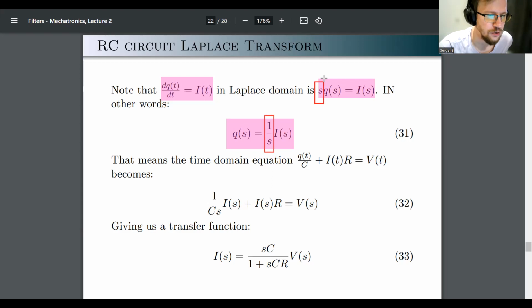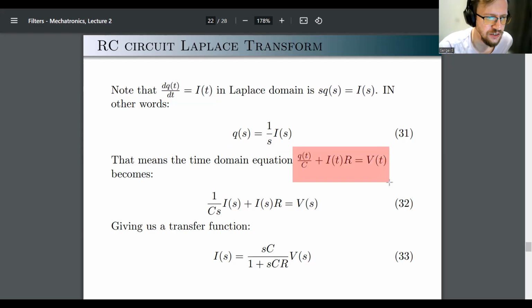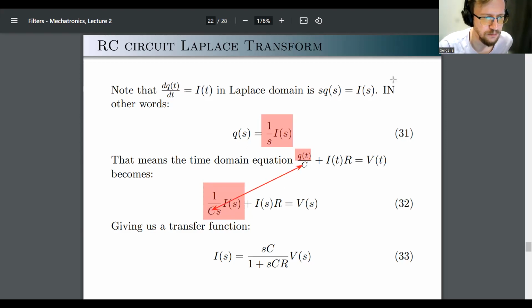Now this allows us to change this equation into something different, right? First of all, this q can be transformed into the Laplace domain as 1 over s times I, and that's what we have here. We have capacitance C in both equations, right?